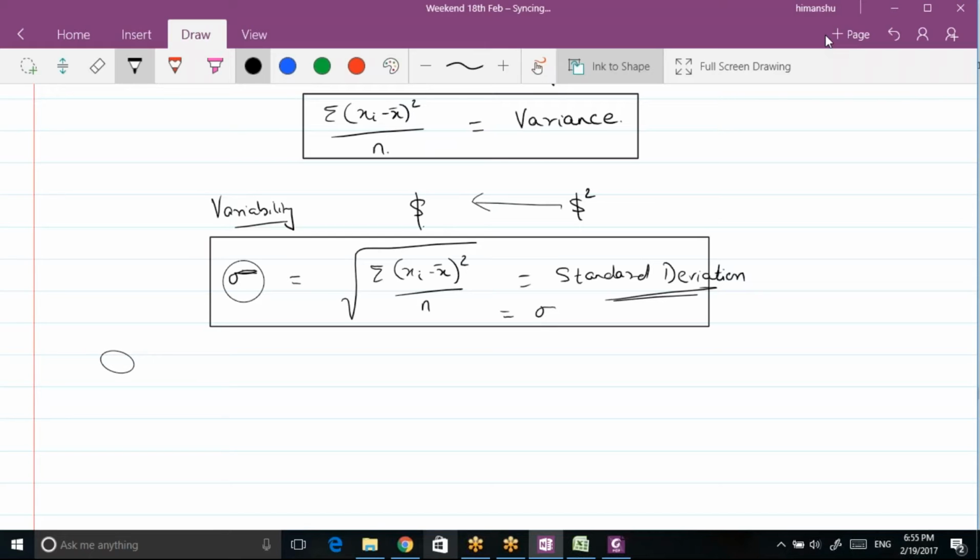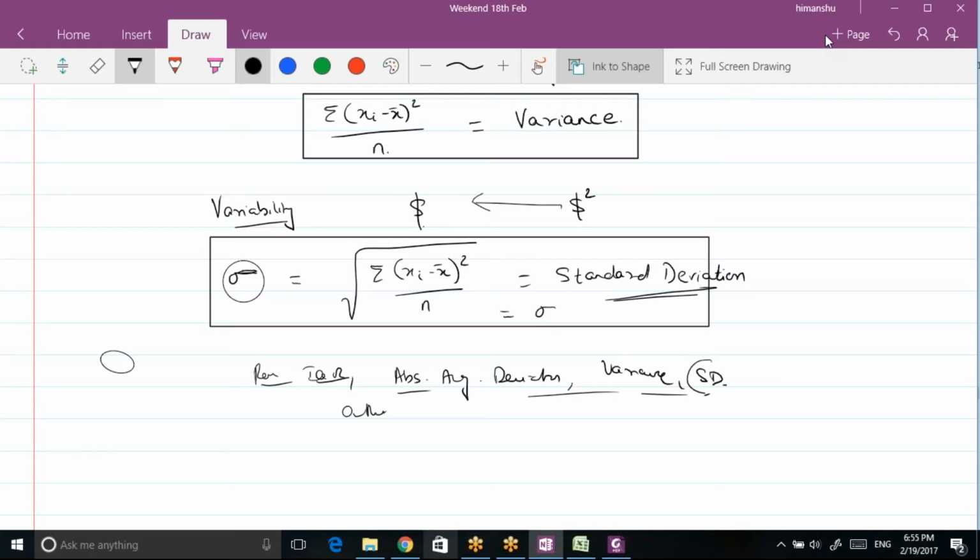Great. So now we started with range, we studied IQR, we studied absolute average deviation, then we studied variance, and then we studied standard deviation. We also studied outliers in between, but these were the measures of variability.